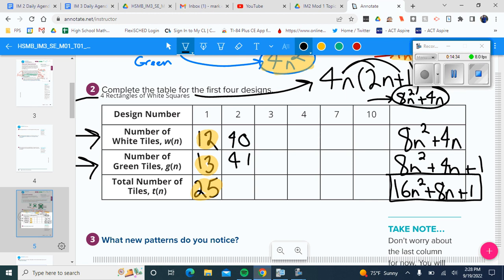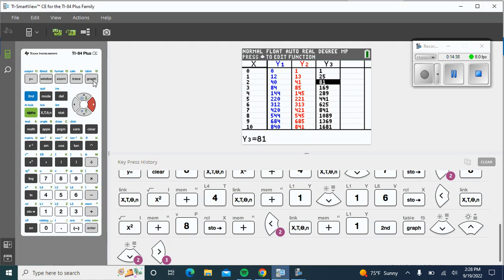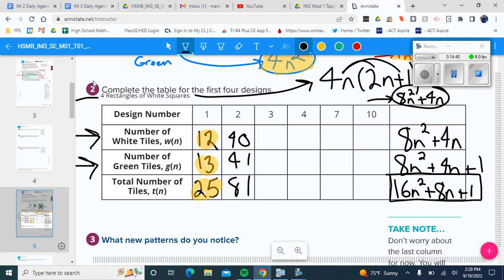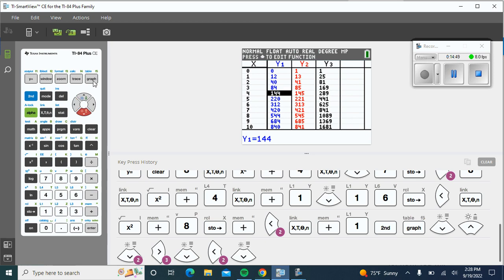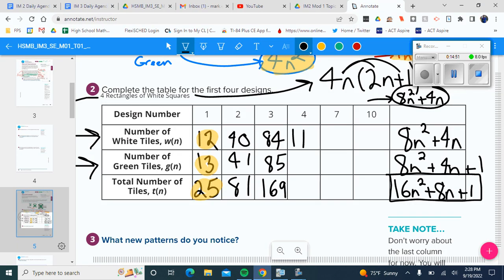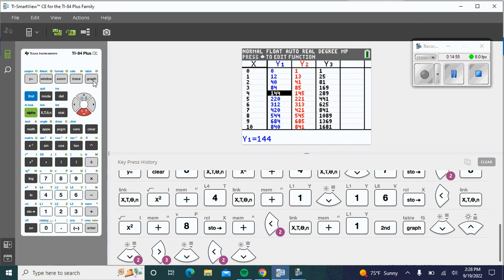That still holds true. White plus green is total. Then I have 84, 85, 169. Term 4, 144, 145, 289.